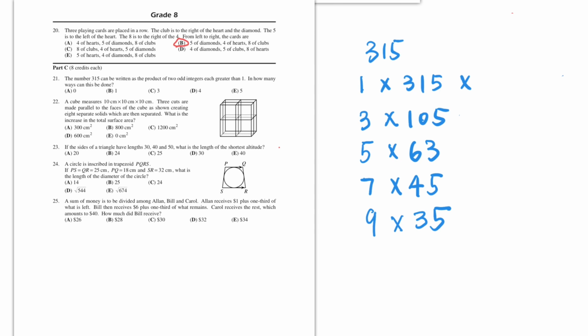Divisible by 3 and 5, it must be divisible by 15. So 15 times 21. Now how many ways do we get? 1, 2, 3, 4, 5. So the answer is E.